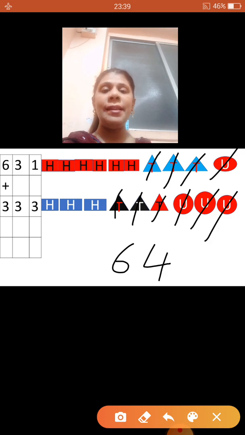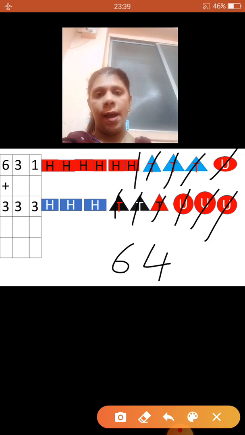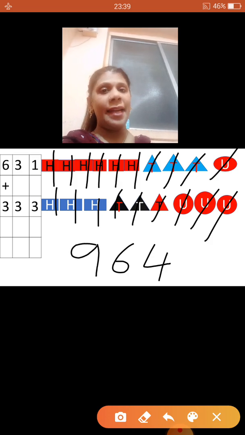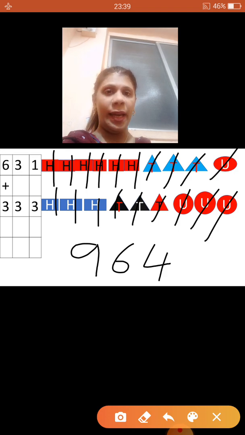How many hundreds? 1, 2, 3, 4, 5, 6, 7, 8, 9. So how many hundred? 9. So when we add 631 plus 333, we get our answer 964. Okay, you can add also and check the answer.